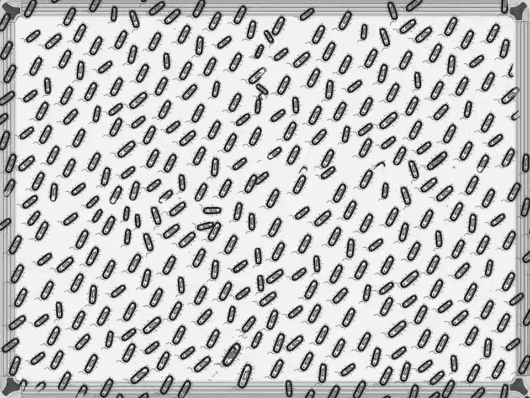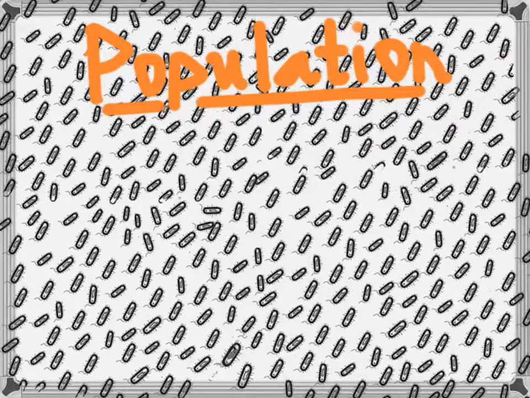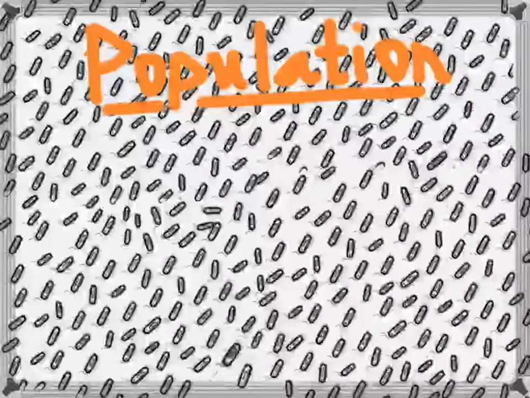Yep. A group of one species living in a single place, well, you know what we call that? That's right. We call that a population. And when we're referring to a population, we generally have to refer to the place and the species. In this case, we'll call it Genericus bacterus, since we don't really have a name for my made-up bacterial species.